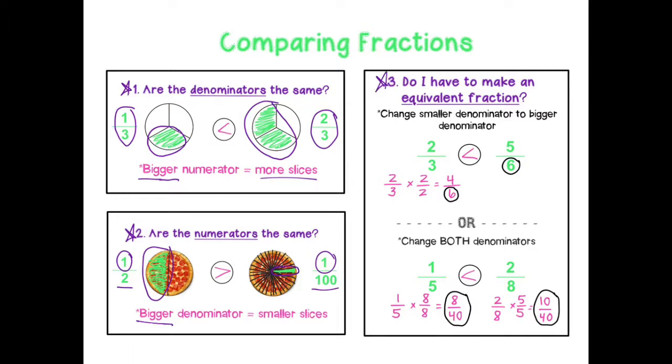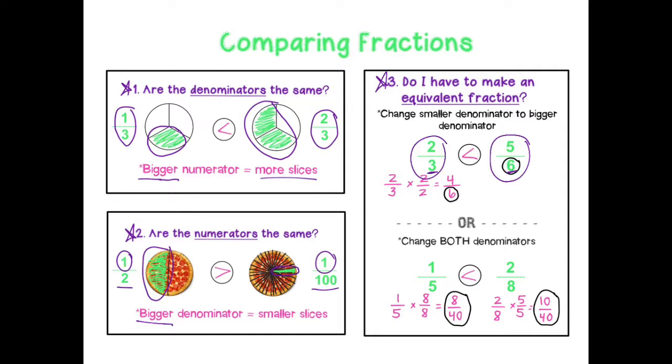Do I have to make an equivalent fraction? There are 2 different ways you can try to make an equivalent fraction. You could change the smaller denominator to the bigger denominator. For example, in 2/3, we're comparing it to 5/6. I can see the 3 here. I know 3 times 2 is going to get me to 6.